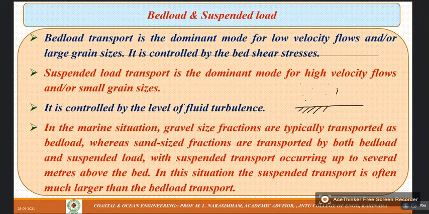Now, when particles are here, and when you are saying that this will be moving in this direction, what is the force that causes this movement? The force is nothing but the force due to the bed shear stresses.